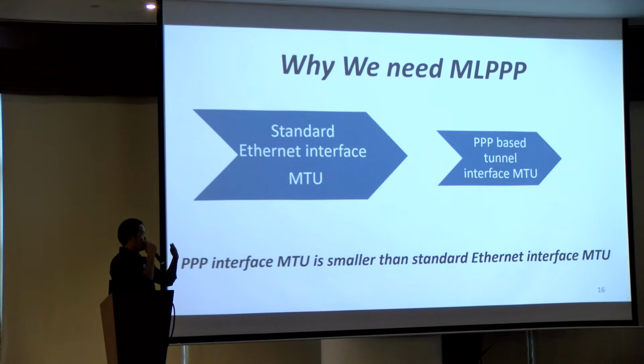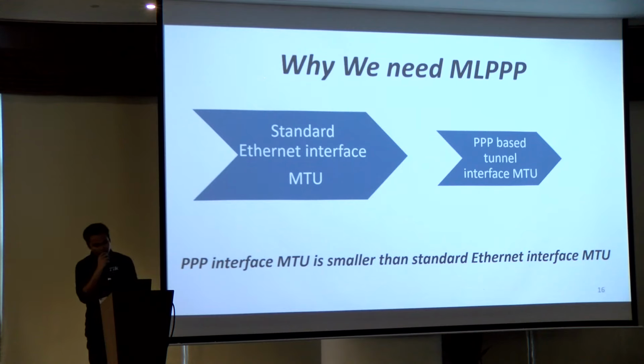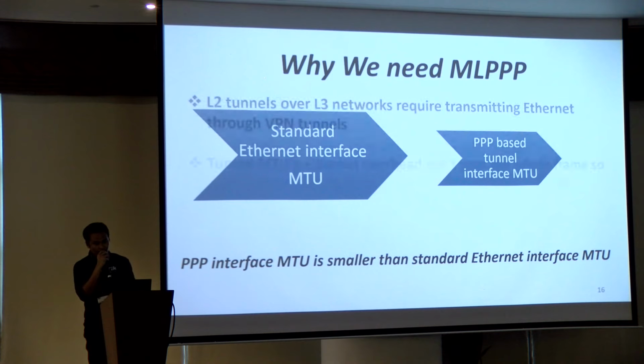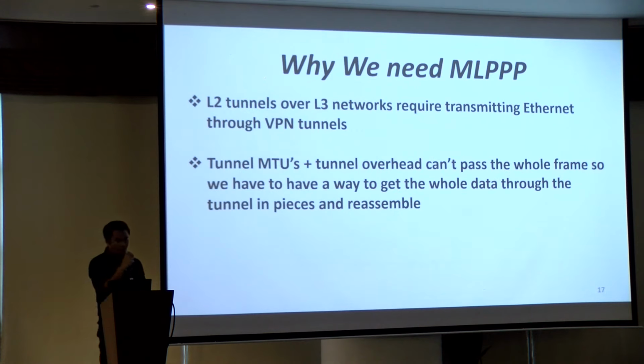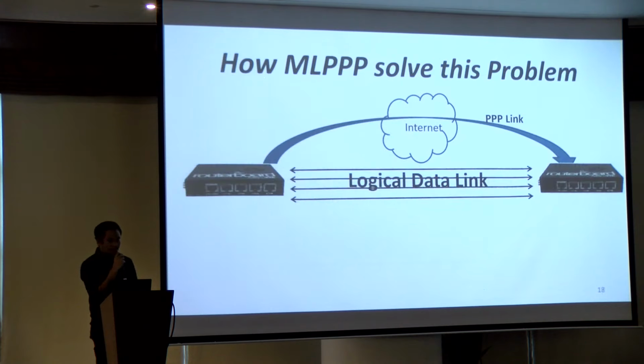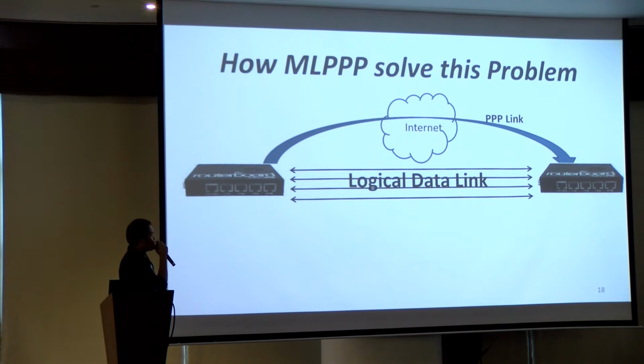So the Ethernet packet cannot pass through the PPP interface as it is. The tunnel MTU plus tunnel overhead must be able to pass the whole frame. That's why we need MLPPP. MLPPP solves this problem.